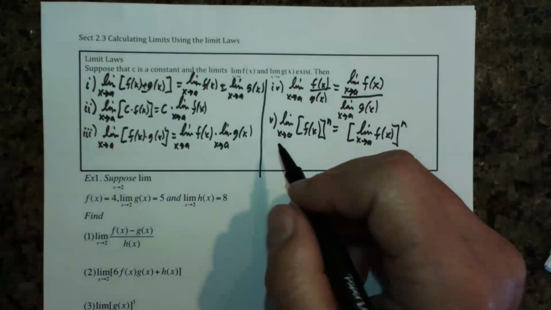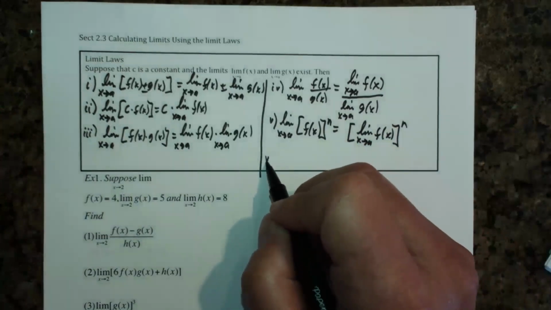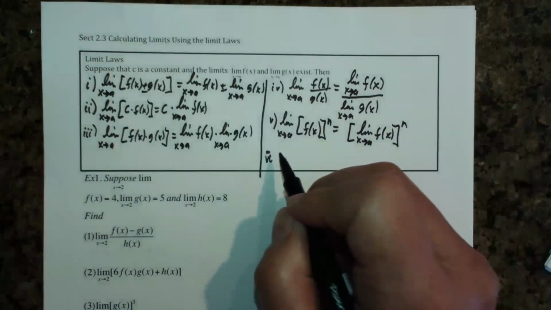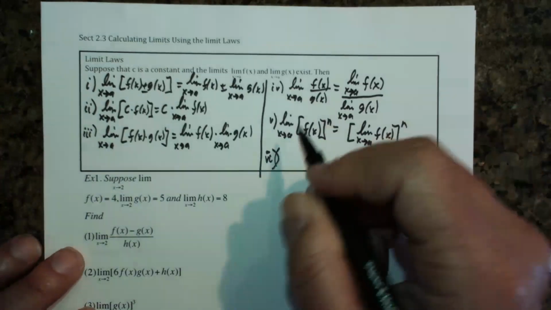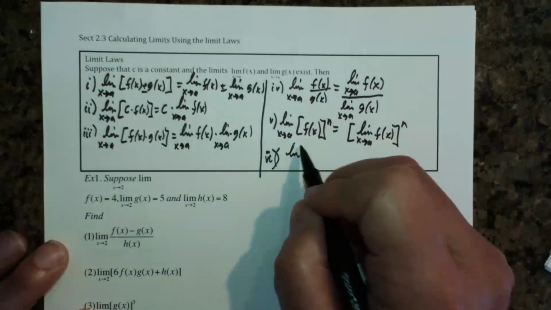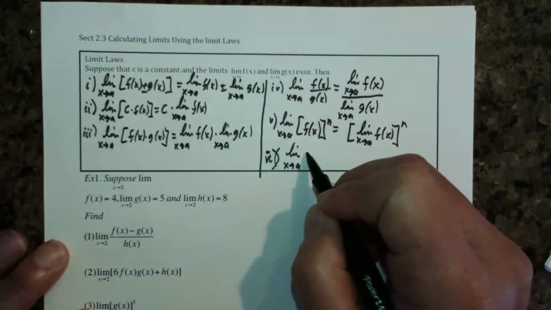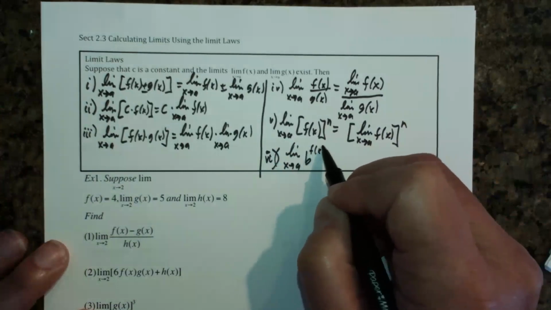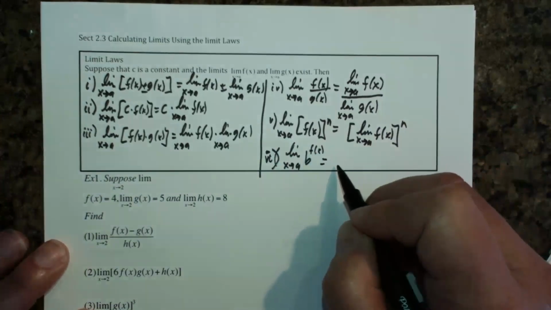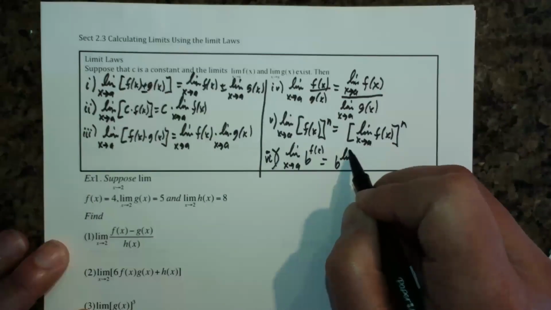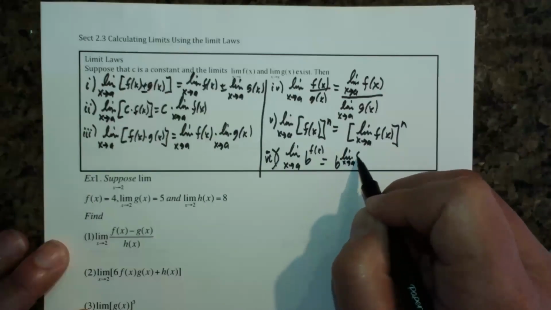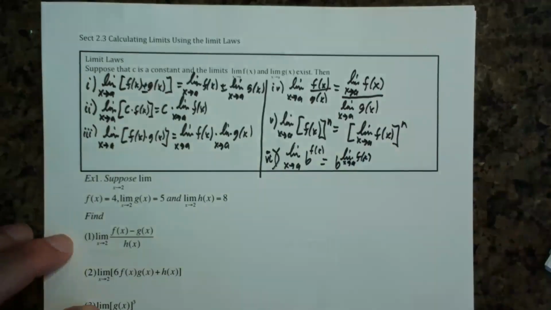And in fact, for our sixth one, the limit as x approaches a of b to the some function of x, we can make this b raised to the limit. And that's all in the exponent there. So all of these rules can hold true and will be used.